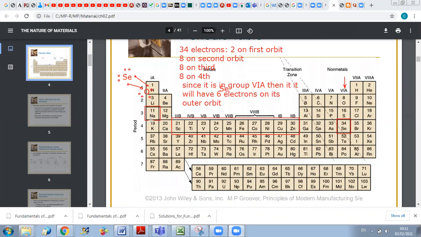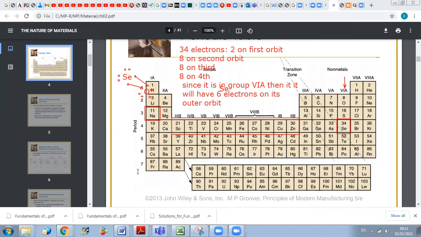Okay? We need 2 Na, and each becomes Na plus. Very good. We need 2 atoms of Na because each atom of Na will lose 1 electron to give Na plus. And since Se needs to gain 2 electrons, we will need 2 Na plus with Se2 minus.